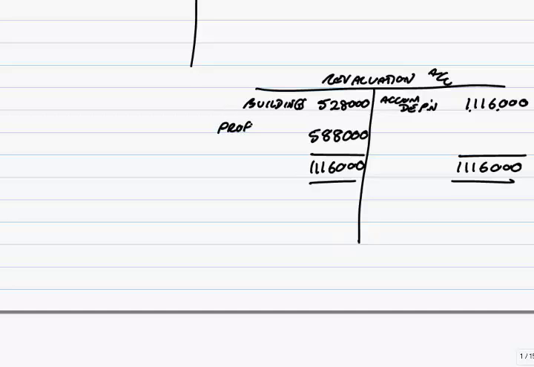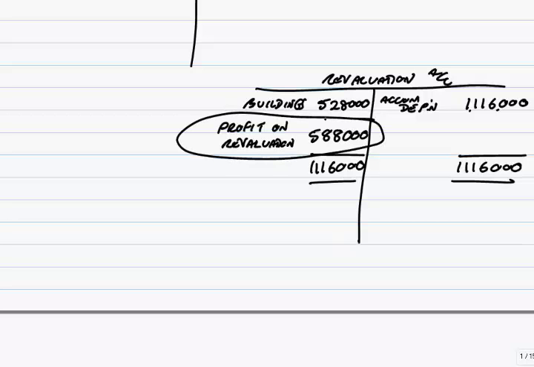There is the profit on revaluation. Now, in fact, it's not a real profit because we haven't actually sold the building. We just put in a new value. We call it an unrealized profit.